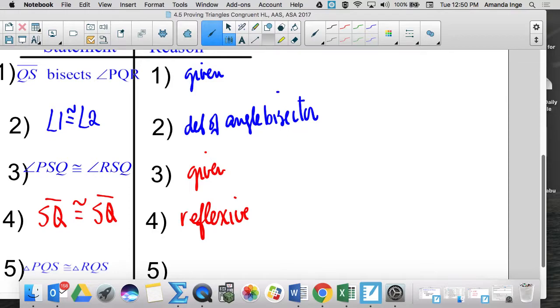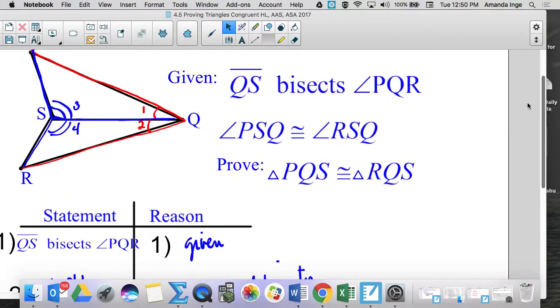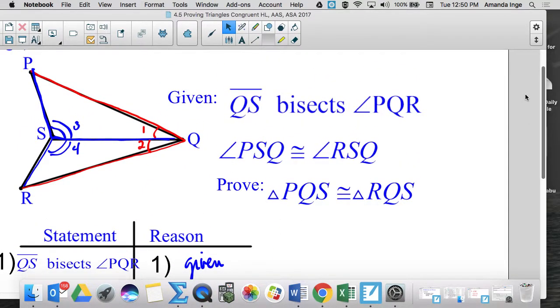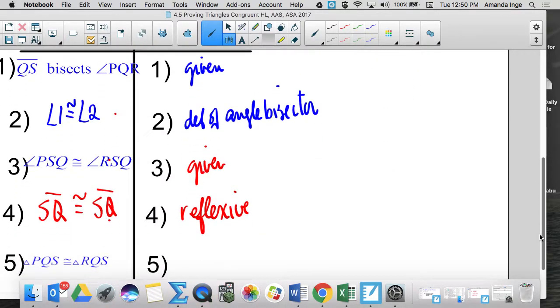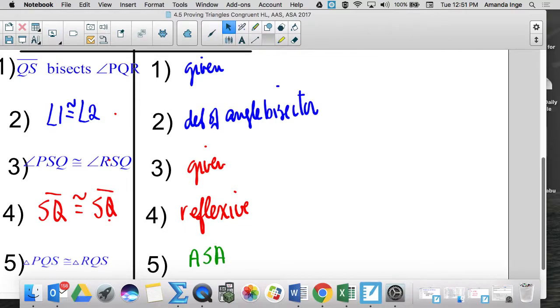So if you go back and see what we have, an angle and a side. We wrote it down that way, but what do we have up here? We have an angle, a side, and an angle. So we're using angle, side, angle to say that triangle PQS is congruent to triangle RQS.